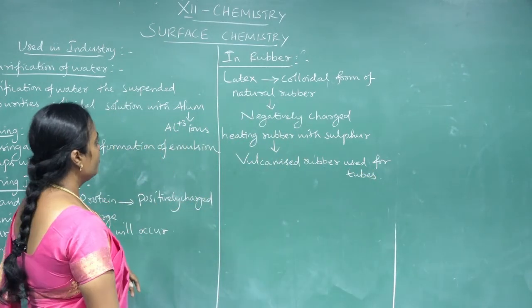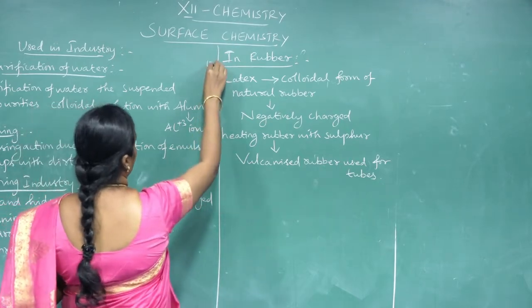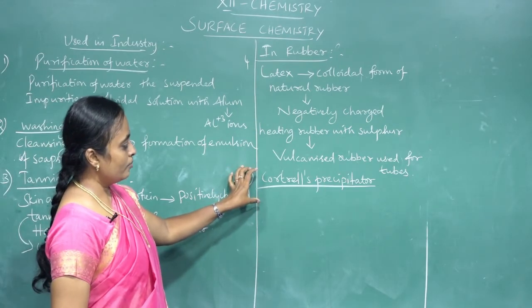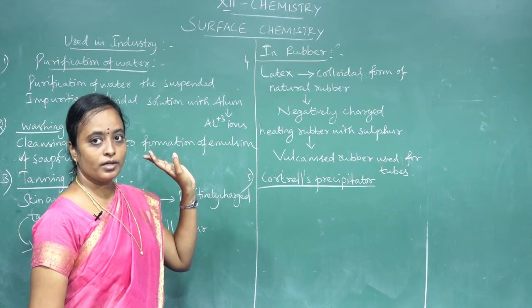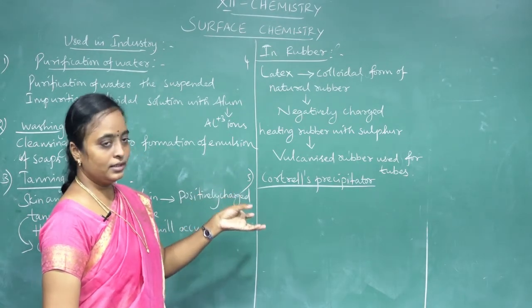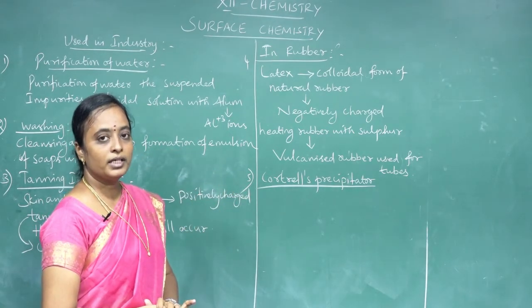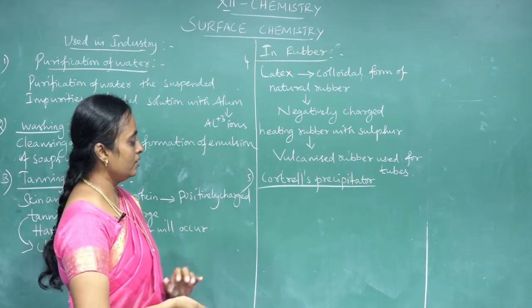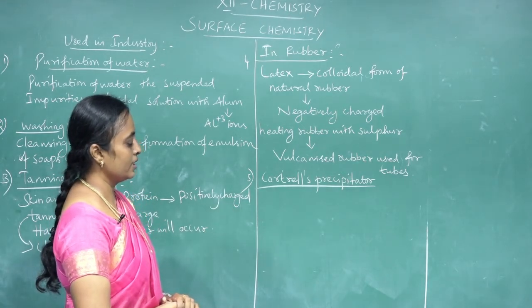Okay, next we are going to see about the Cottrell precipitator. The carbon dust in the air can be precipitated by using a Cottrell precipitator.